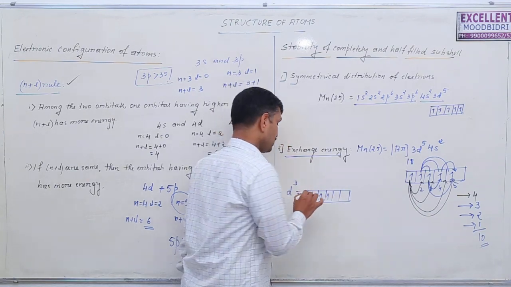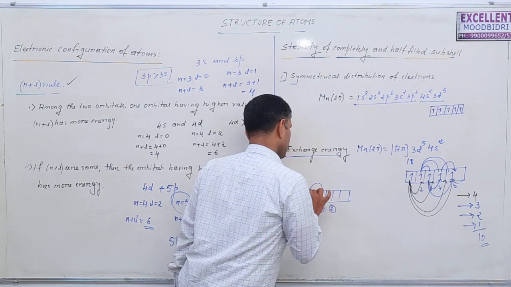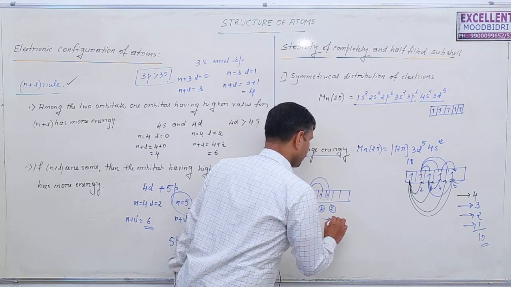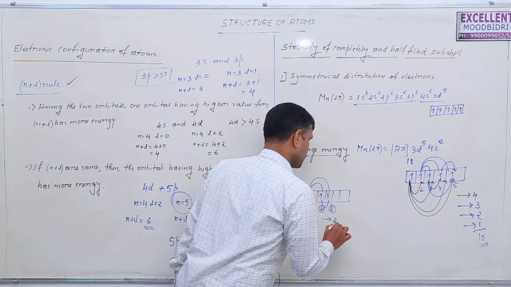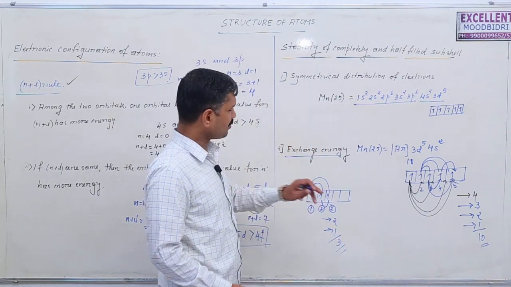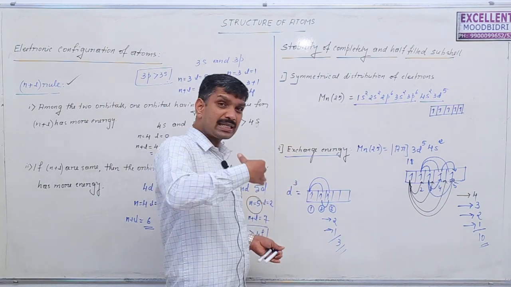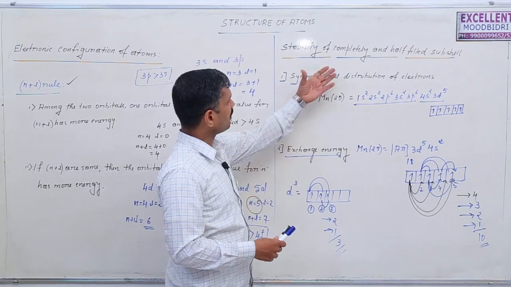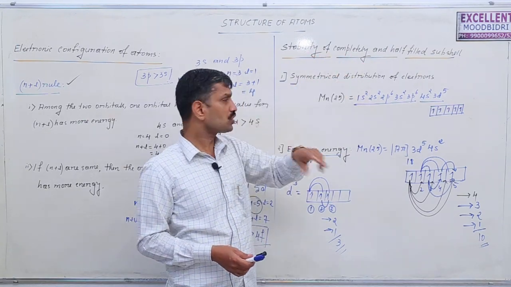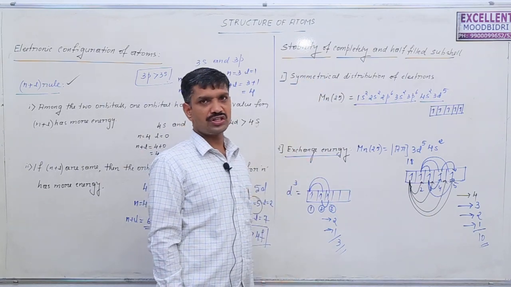How many exchanges? The first electron can exchange with the second and the third one, 2 exchanges. The second electron can exchange with the third one, 1 exchange. Only 3 exchanges are possible, a lesser number of exchanges. So half filled and completely filled orbitals have maximum exchange energy. That's why their stability is more. Totally, half filled and completely filled orbitals are more stable because of 2 reasons. One is the symmetrical distribution of electrons. The second one is exchange energy.